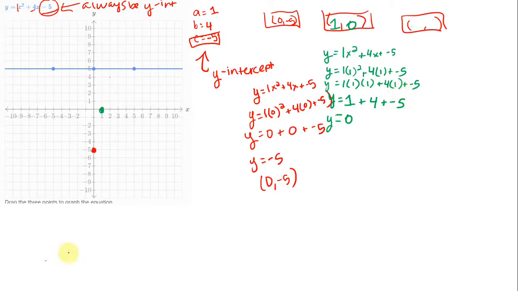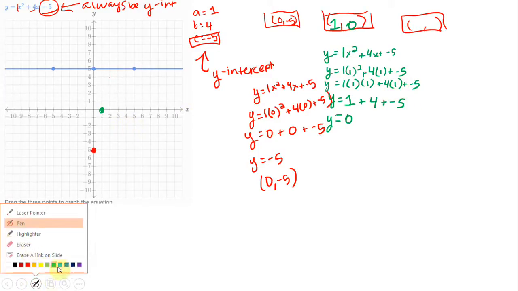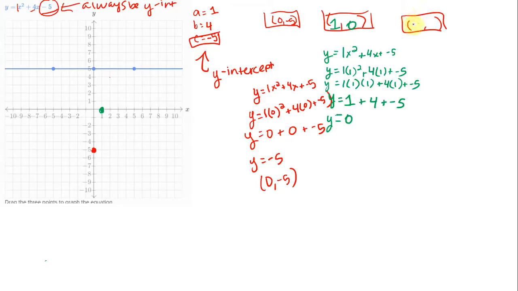So y equals 1x squared plus 4x plus negative 5. And I'm going to take out my x's. And I'm going to replace those x's with negative 1.